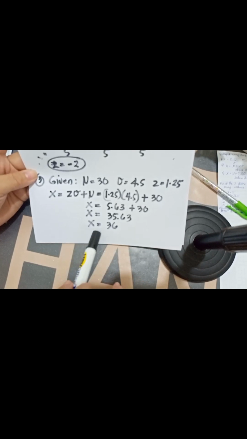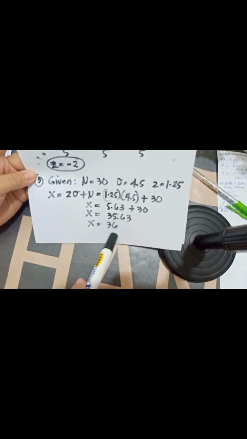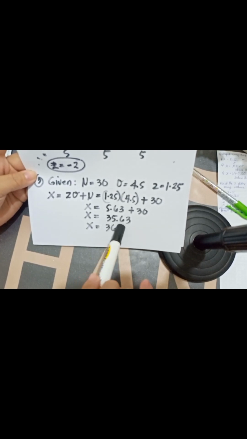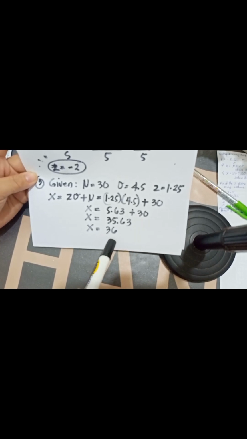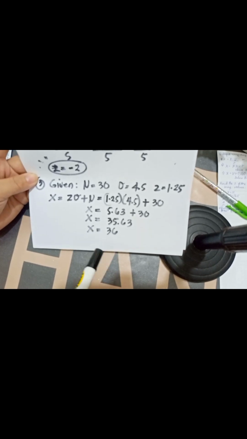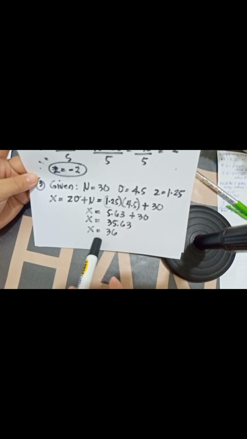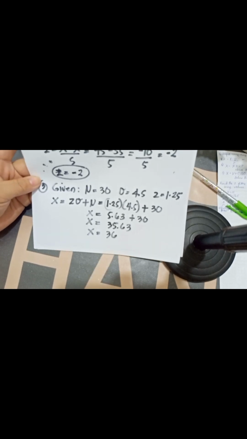Since we are going to find the raw score, we are going to round off the given answer, and 35.63 can be rounded off to the nearest whole number, which is 36. So the value now of your x, or the raw score, is 36.